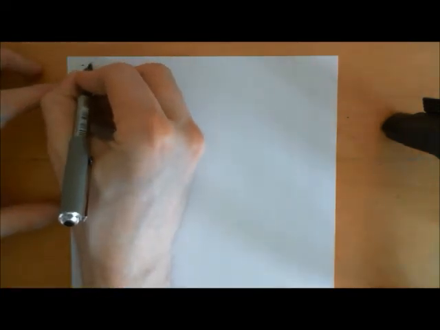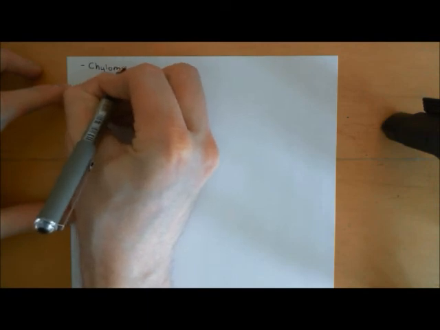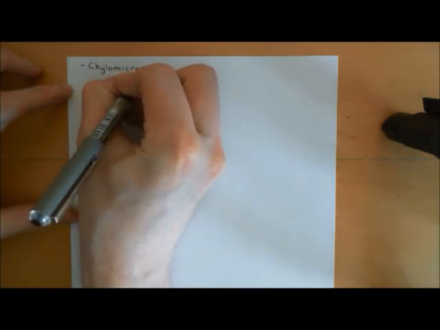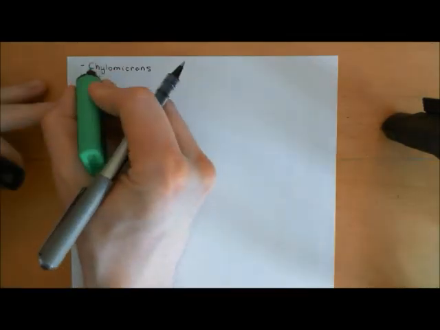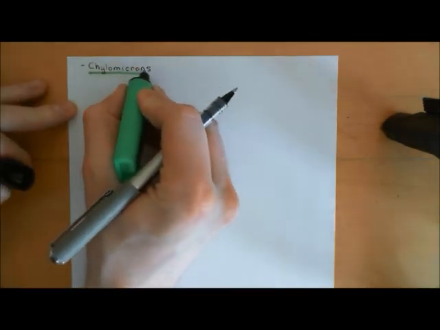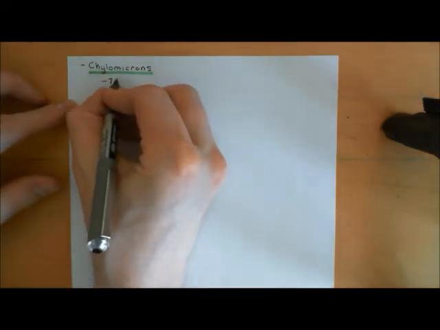I want to do a more in-depth study of the chylomicrons. When we went over lipoproteins in general, we said that chylomicrons were the giants of the lipoprotein world. They are massive.